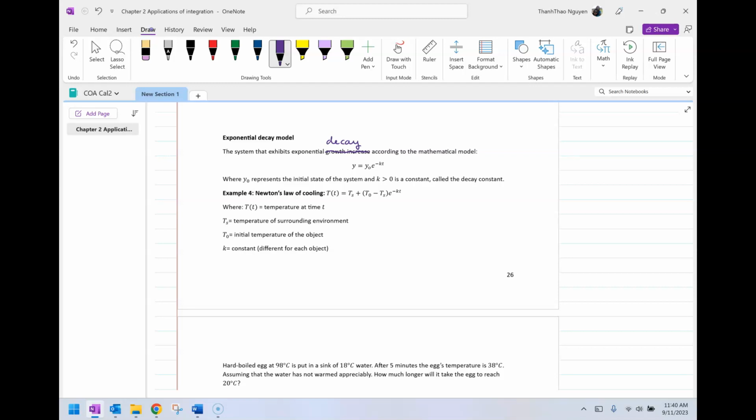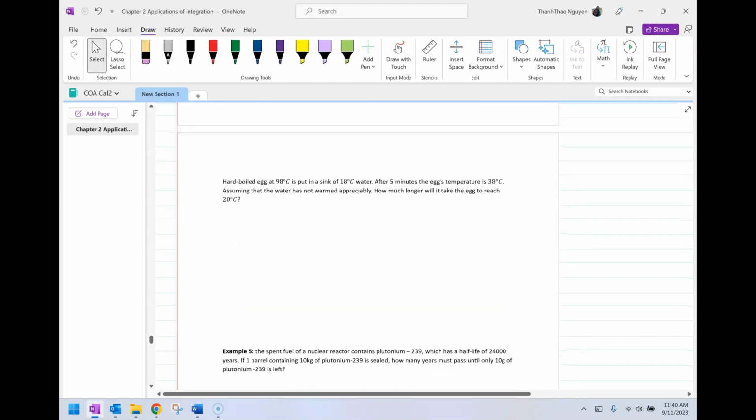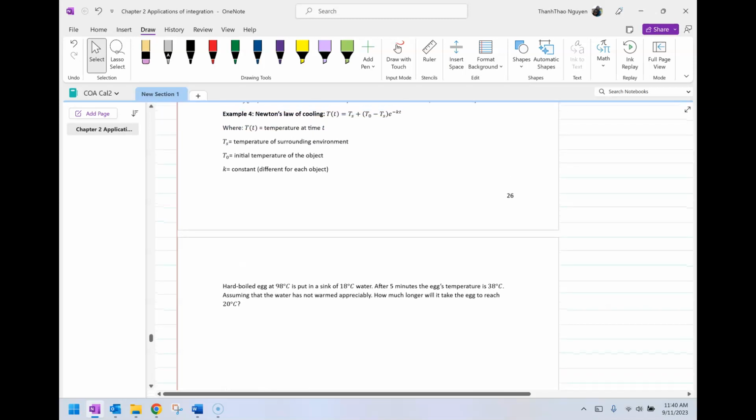Example 4. Here we will use Newton's law of cooling. T of t equals T of the surrounding environment plus the difference of the initial temperature and the surrounding environment times e to the negative kt. For example, a hard-boiled egg at 98 degrees Celsius is put into a sink of 18 degree water.